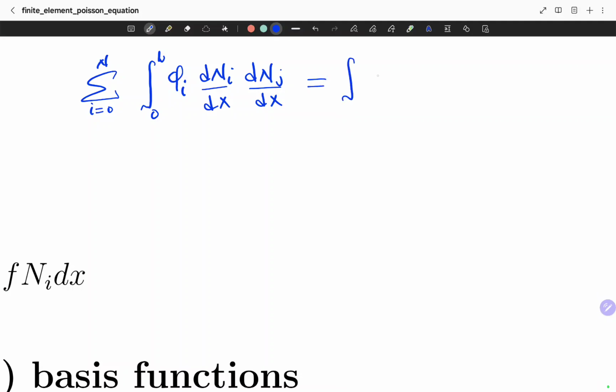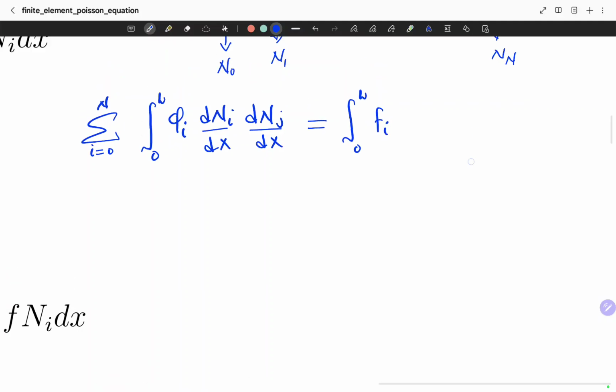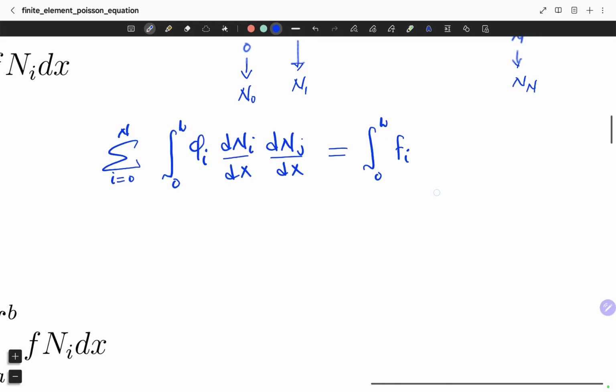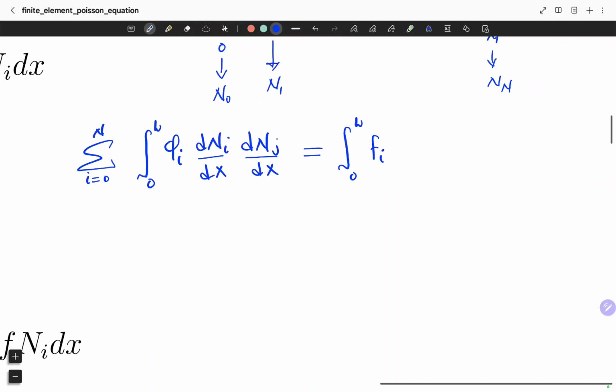equals integral from 0 to L, fi. You can call it fi or f of x, but anyways, f of x at I, because now you're in discrete form, times Nj dx.